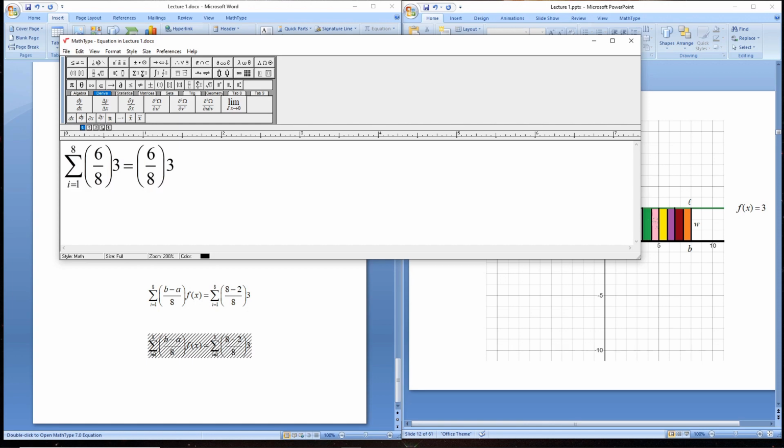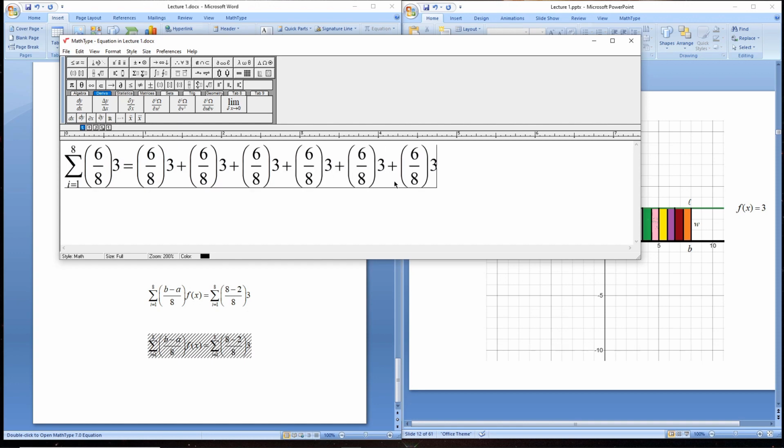And that's for I equals 1. Now the summation says, okay, great, you did I equals 1, now go to I equals 2 and add that. Well, there's no I in the function, so nothing changes. And so we have I equals 2, I equals 3, I equals 4, 5, 6, 7, 8.